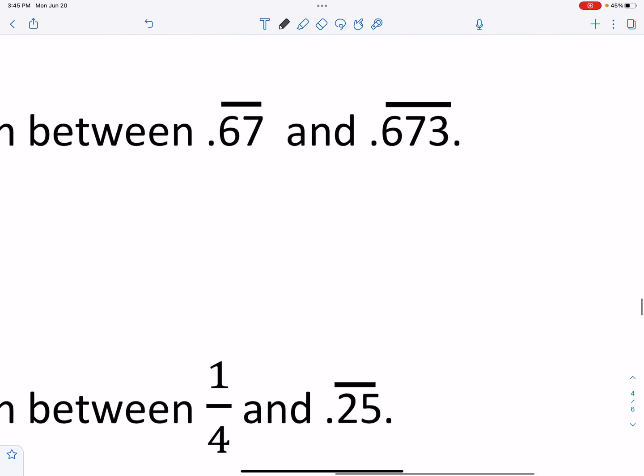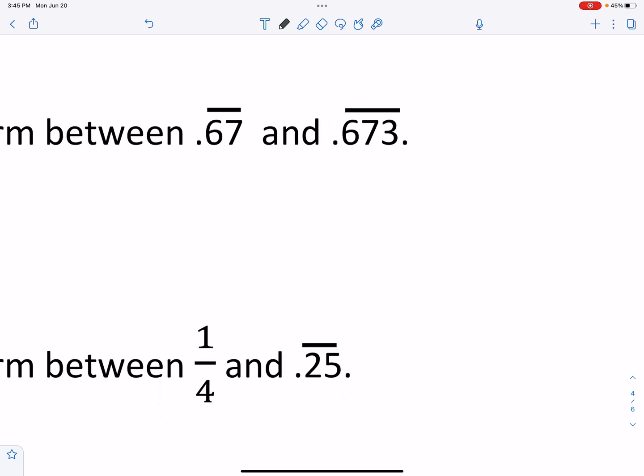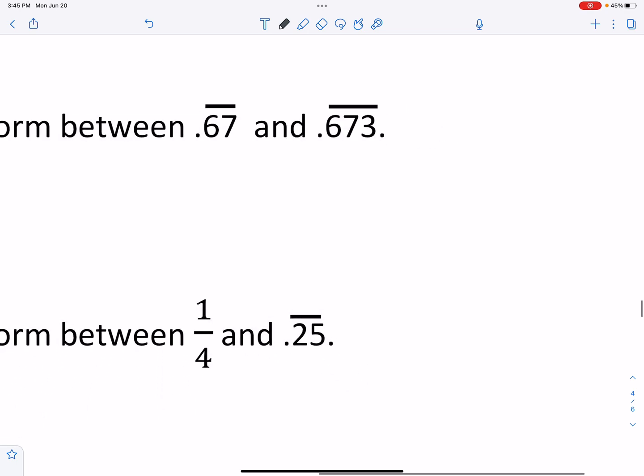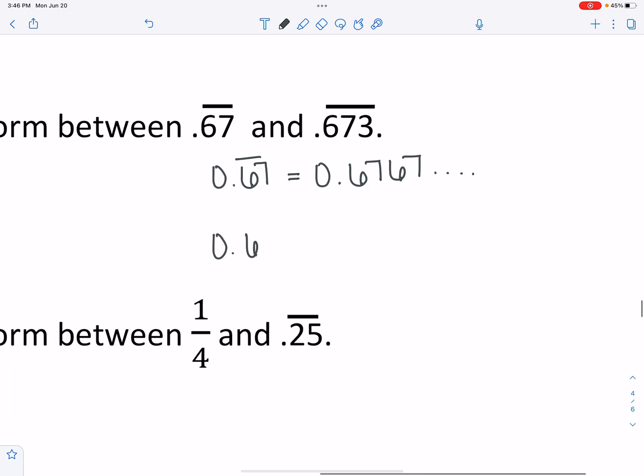And so the first one says to find 3 rational numbers in decimal form between 0.67 repeated and 0.673 repeated. I think the easiest way is to write these things out in their repeated form without the bar. And then this one would be 0.673 with the 673 repeated.